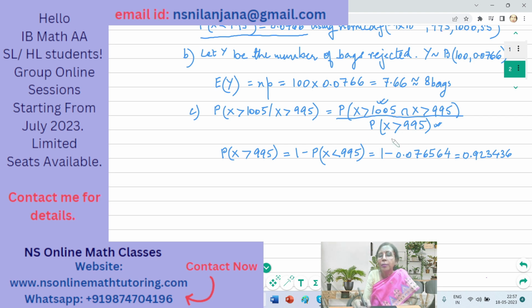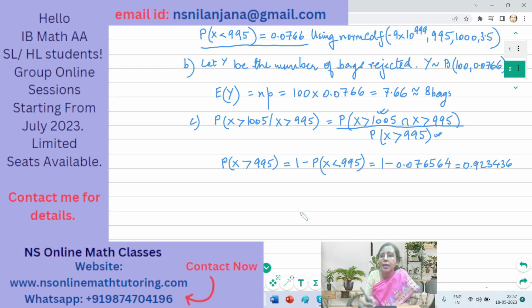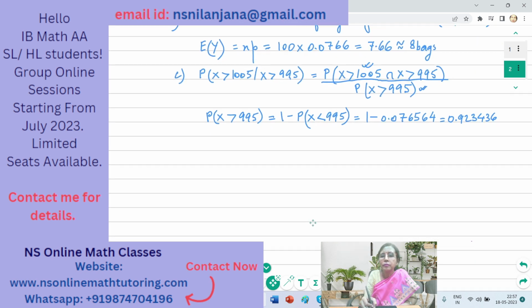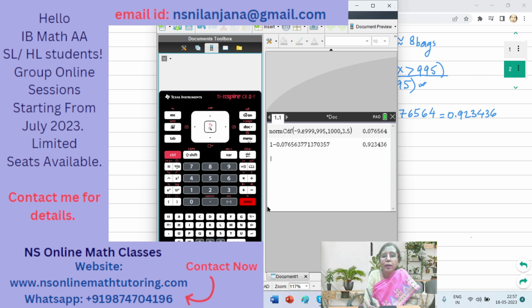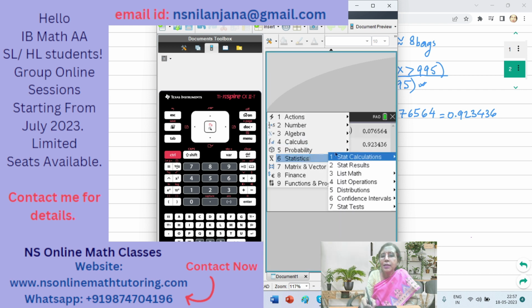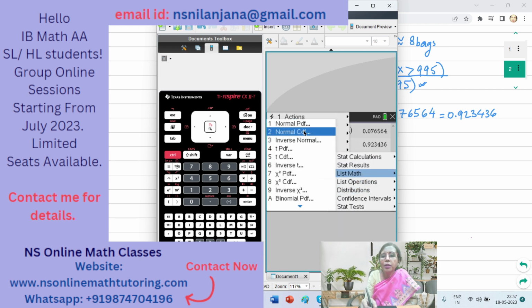Now we get the probability of the numerator. X should be more than 1005 grams, and the mean and the standard deviation will be the same. The mean is 1000, the standard deviation is 3.5. So we come over here: menu, statistics, distribution, normal distribution.